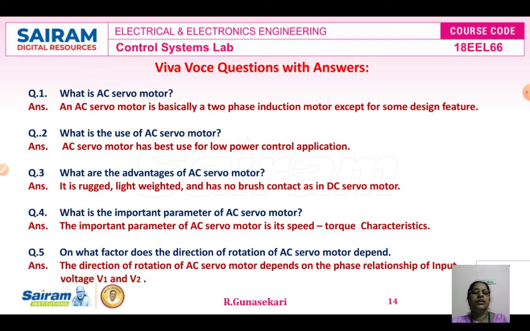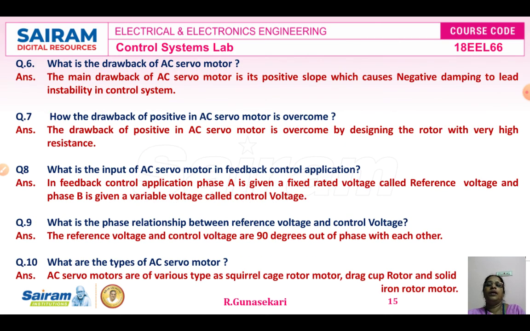Students, these are the viva questions, with answers also. Under this experiment, the questions asked: what is an AC servo motor? What is the use of an AC servo motor? Advantages of an AC servo motor? What is the important parameter used in the servo motor? Which factor decides the direction of rotation of an AC servo motor? Then a drawback of the AC servo motor, and the input of the AC servo motor in feedback control applications.